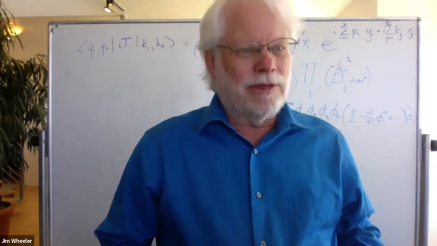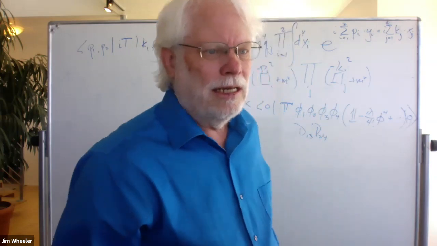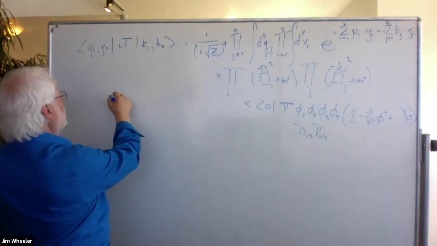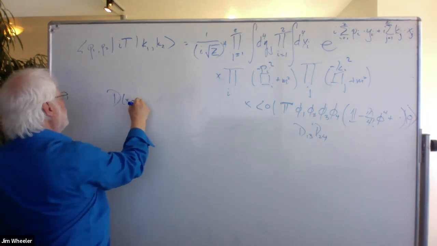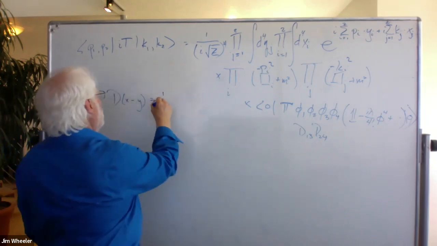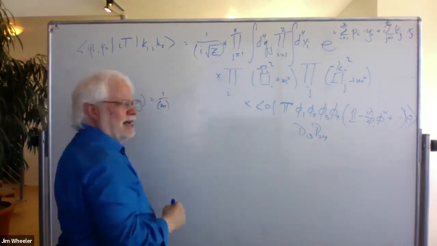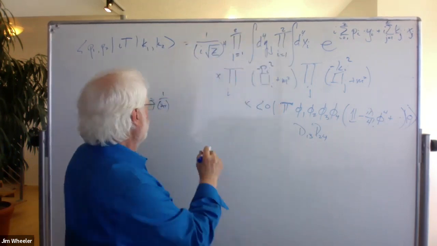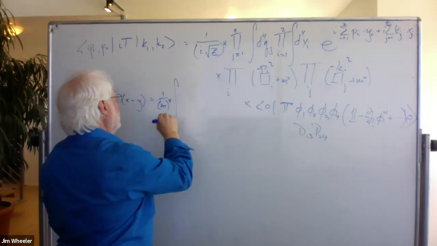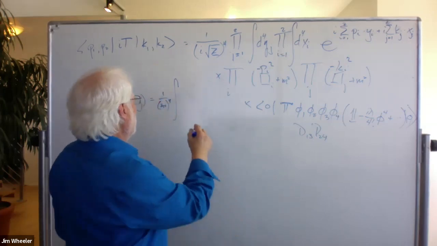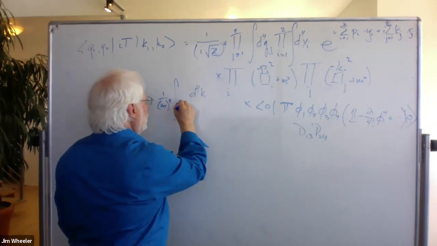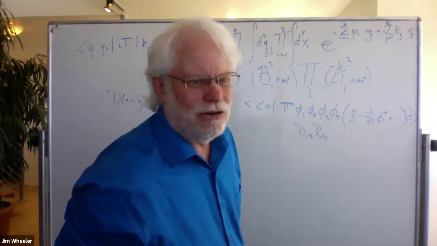The other thing that's coming in here are propagators. So if we have a particle at x going into a particle at y, we have a D of x minus y, and as a Fourier transform, we have 2 pi to the 4th. We're putting the whole normalization here, and we're doing it that way because that makes our Feynman rules easier to remember.